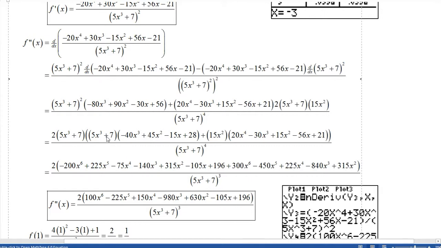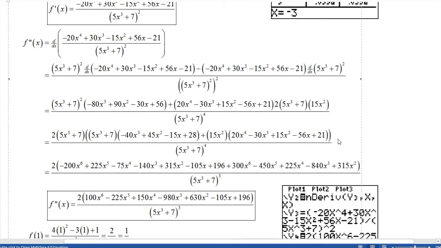For the x cubed term, I have to be a little bit more careful. 5x cubed times 28 plus 7 times negative 40x cubed combines to give me negative 140x cubed. And then for the x squared term, it's the 7 times the 45x squared. That should be 315x squared. The 7 times the negative 15x is the negative 105x, and the 7 times 28 is 196. So when I multiply these two polynomials right here, I get this 6th-degree polynomial starting right here, going all the way down to the 196.